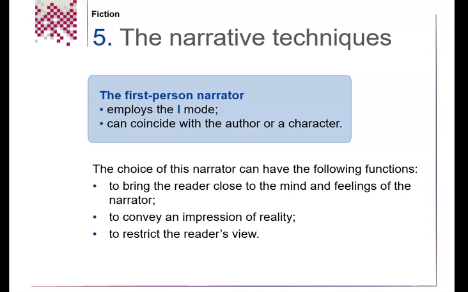The choice of this narrator can have the following functions: to bring the reader close to the mind and feelings of the narrator, to convey an impression of reality, to restrict the reader's view. So if the narrator is a first-person narrator, the reader's opinion is restricted because we hear only one point of view. We don't have other characters speaking or narrating.